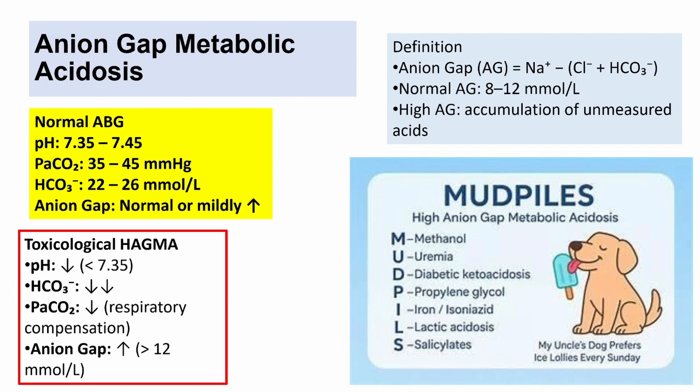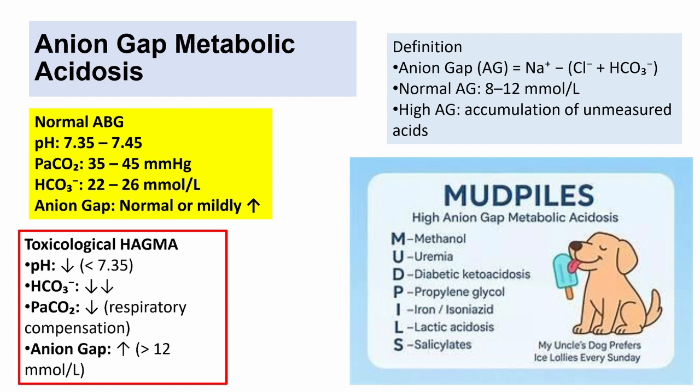Other than that, anion gap metabolic acidosis: the normal pH of the blood is 7.35 to 7.45. If the pH is getting lower, what are the most common reasons for high anion gap metabolic acidosis?